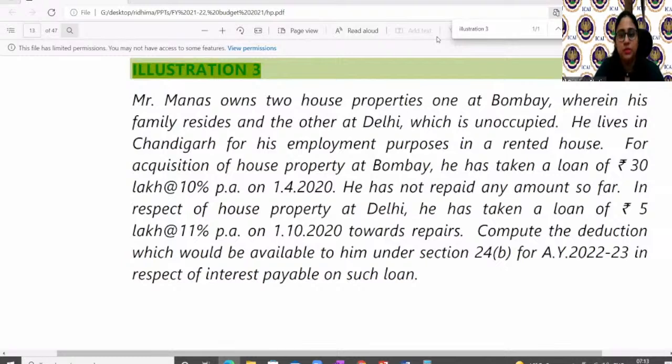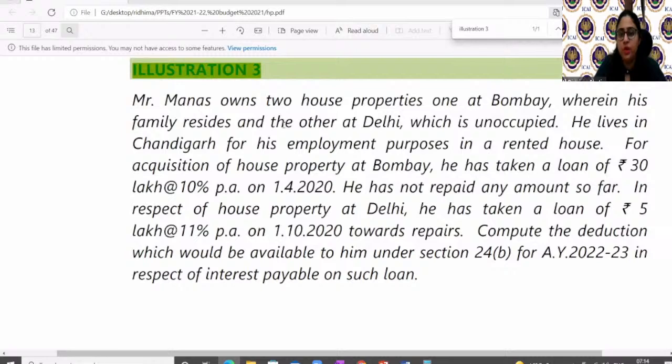Okay, let's read your question. Mr. Manas owns 2 house properties, one at Bombay, wherein his family resides, and the other at Delhi, which is unoccupied. He lives in Chandigarh for his employment purpose in a rented house.